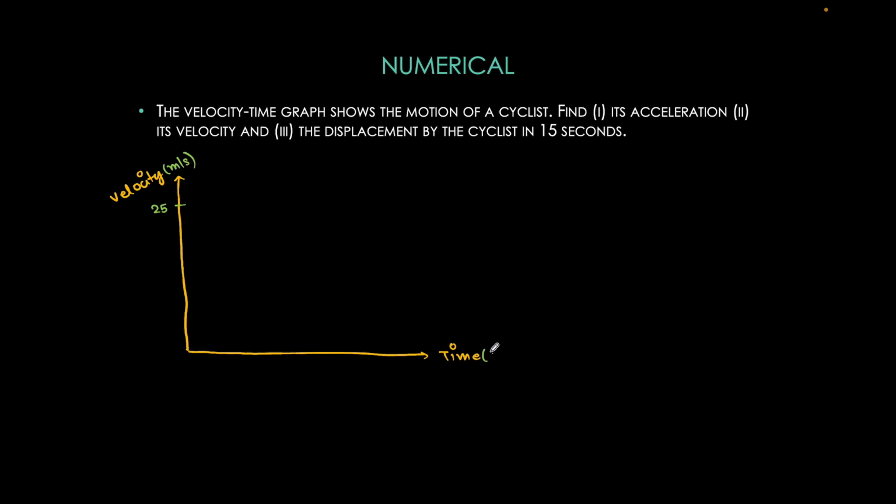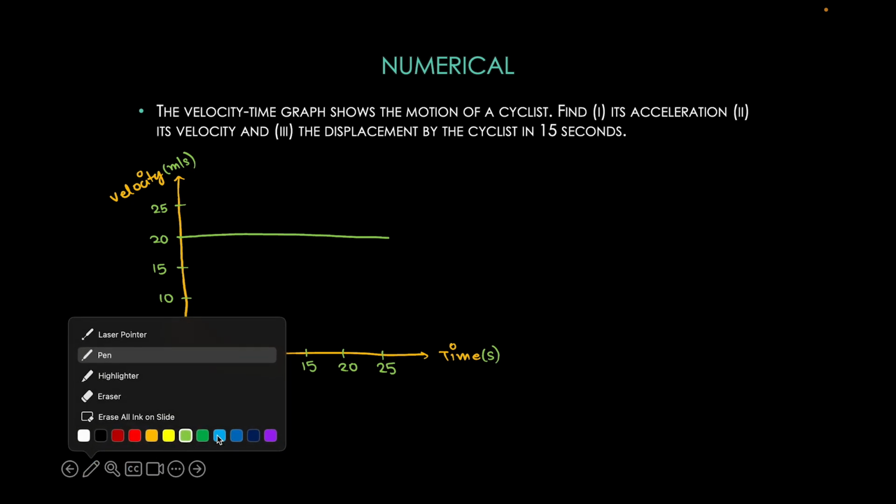And time will be in seconds. So we have 25, 20, 15, 10, and 5. And we have 0. And similarly, we'll have 5, 10, 15, 20, 25. And the graph is something like a straight line which is parallel to the time axis, right? So this is the graph that is given in the question.